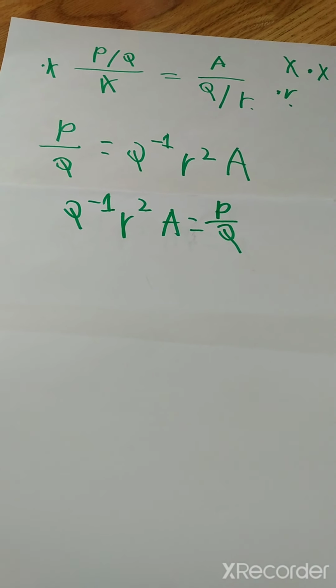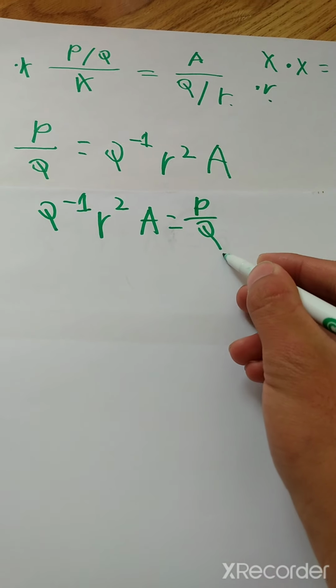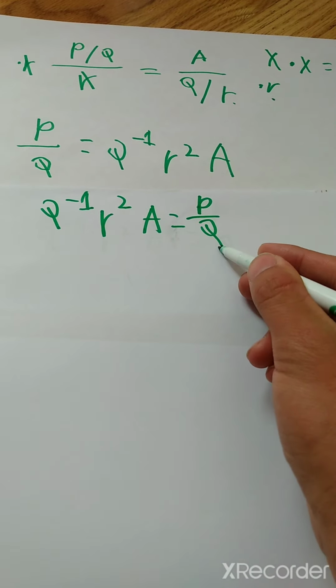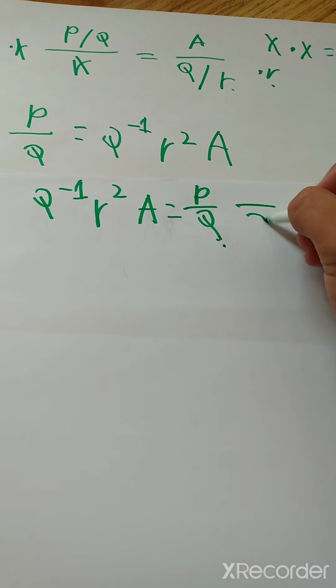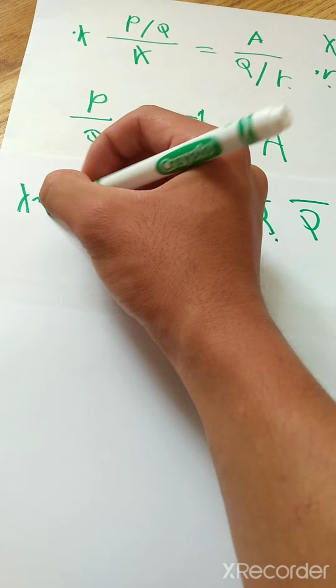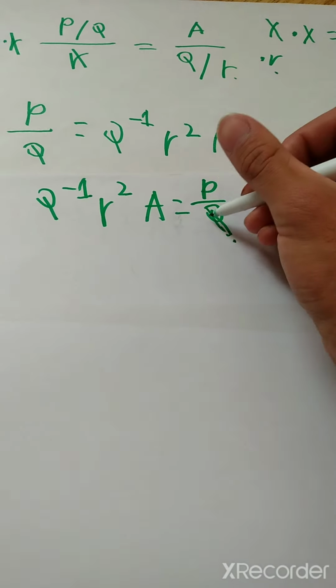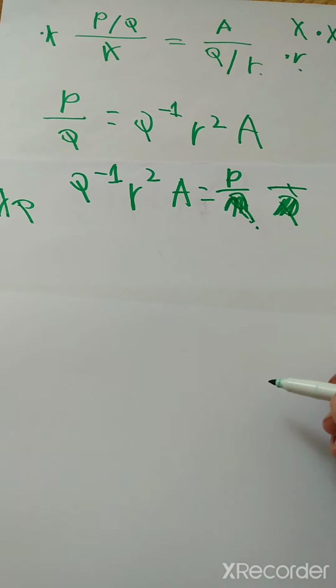After that, the next step is to multiply both sides of the equation by q. So we multiply this by q and multiply this by q. We're going to get this q and that q off the board, so they no longer exist.